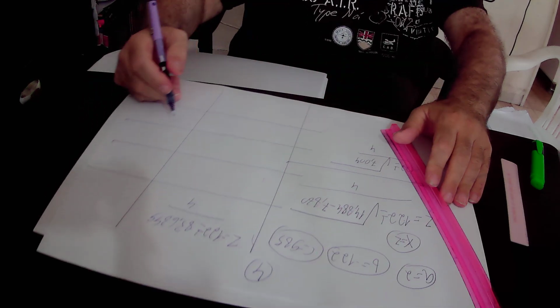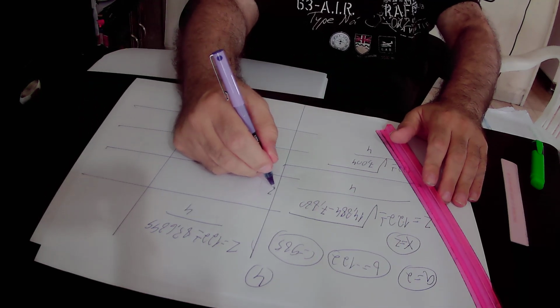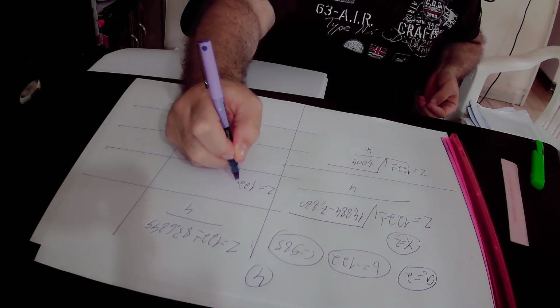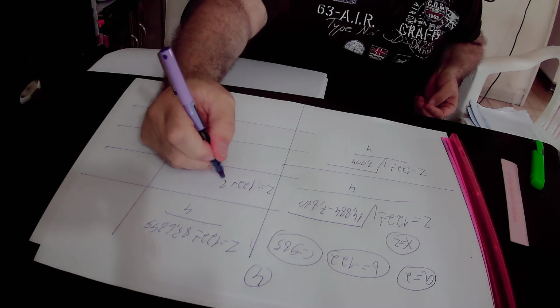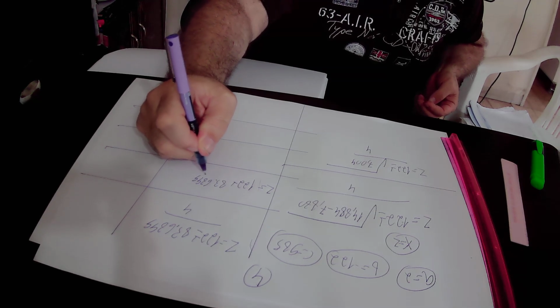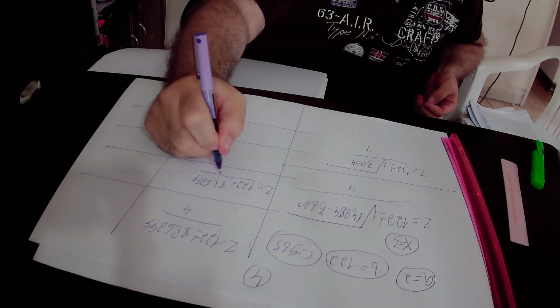The first solution for z is z equals 122 plus 83.6899 over 4.